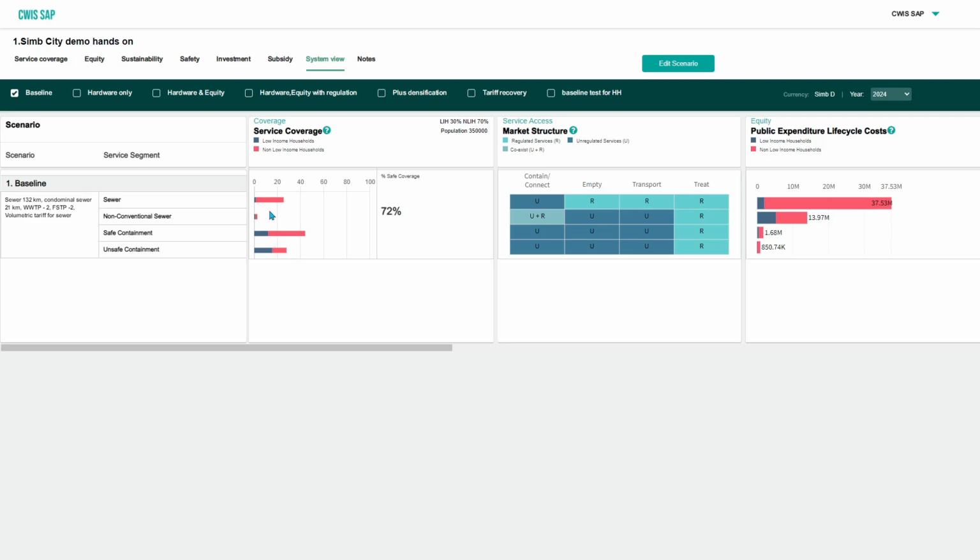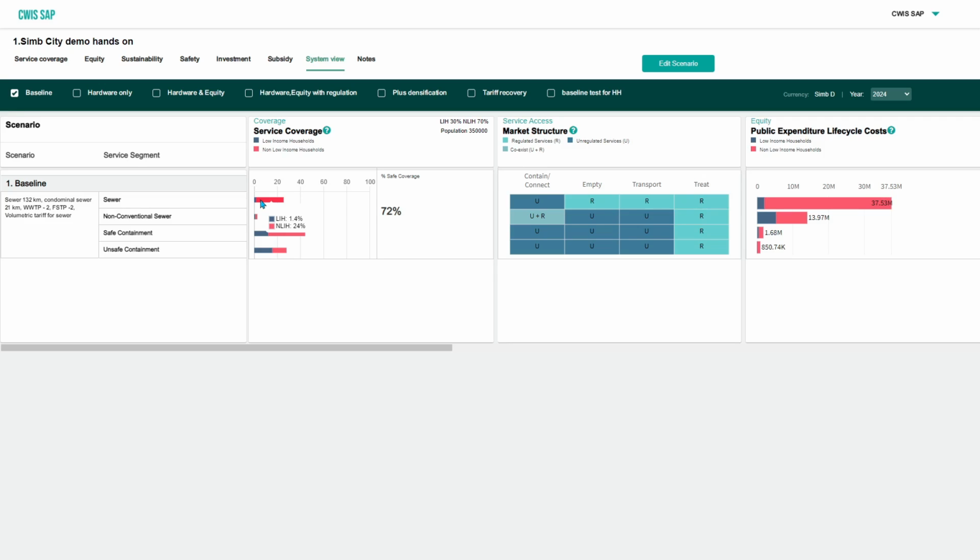The service coverage is the proportion of the low-income households and the non-low-income households that have access to a given sanitation system. We may notice in this city about 26% of the households have access to sewer, of which 24% are the non-low-income households and only about 1.4% of the households belong to the low-income households.